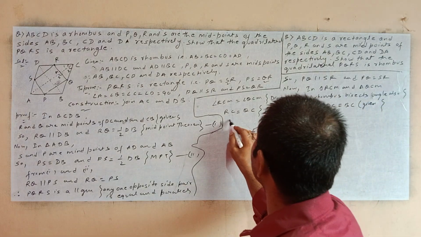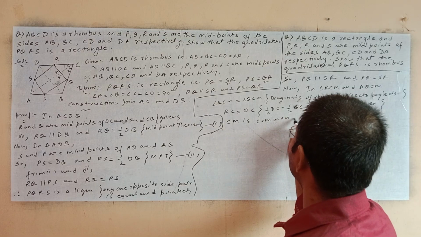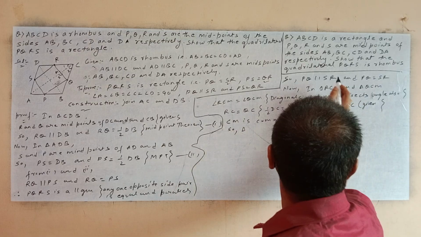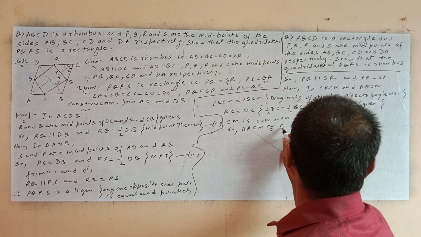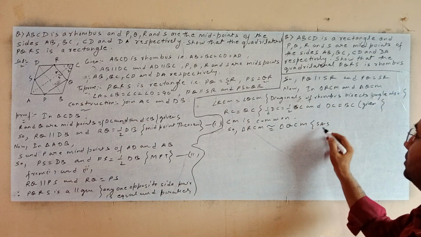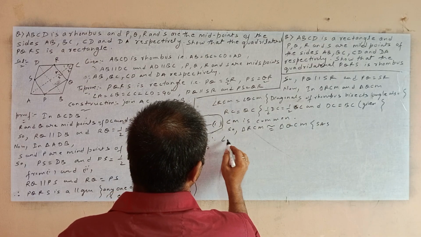Now see here, CM is common, so you can write triangle RCM congruent to triangle QCM by SAS criteria. Therefore, what will happen?